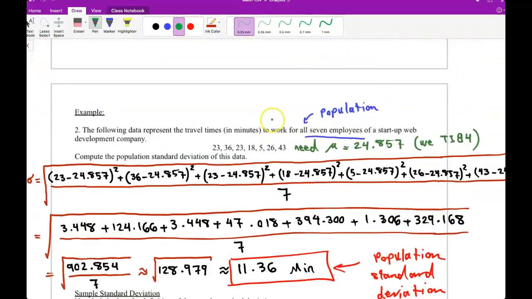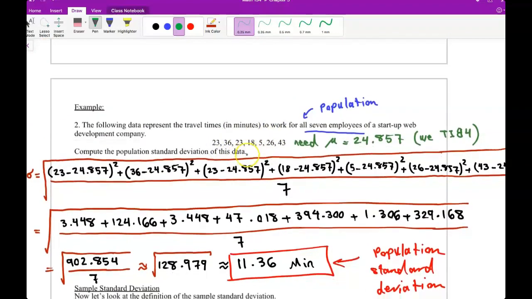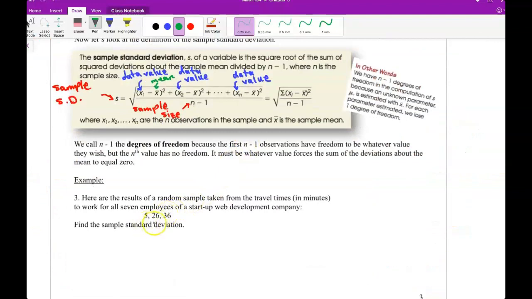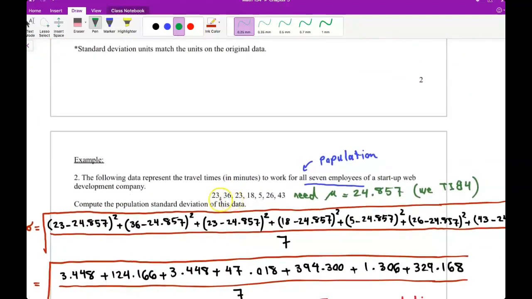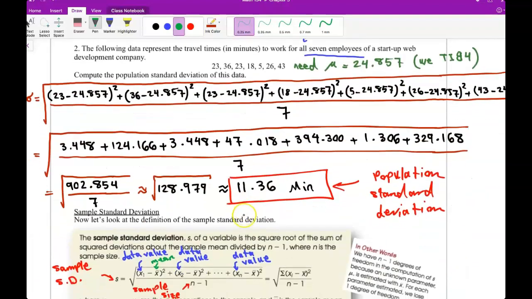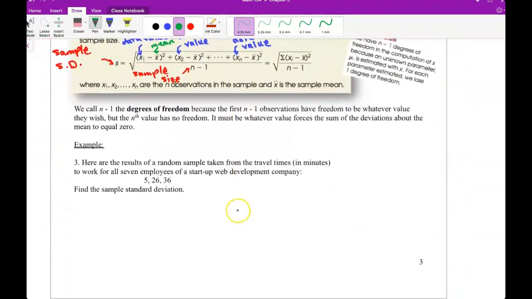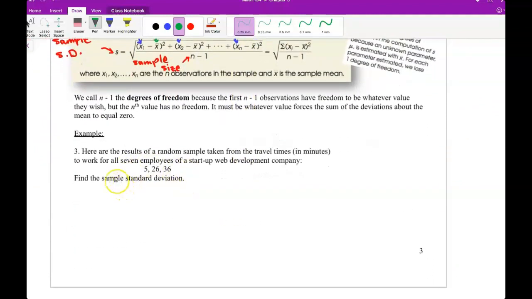From those, we selected 3 numbers, and those 3 numbers are 5, 26, and 36. All these 3 numbers are in that population, but that means this one is a sample.